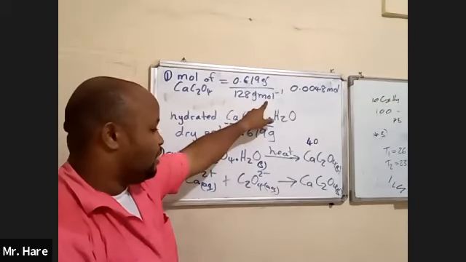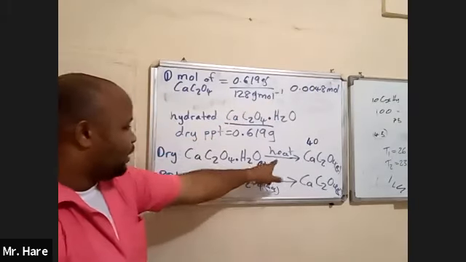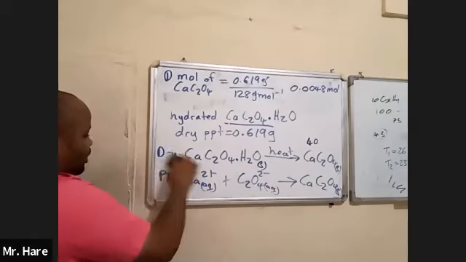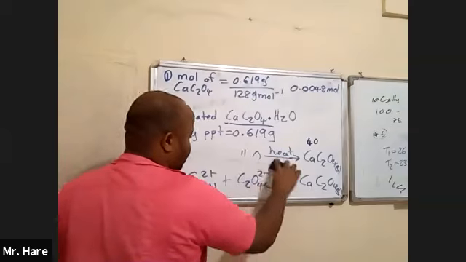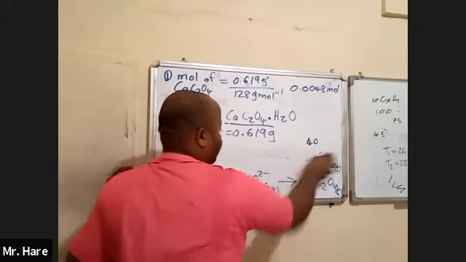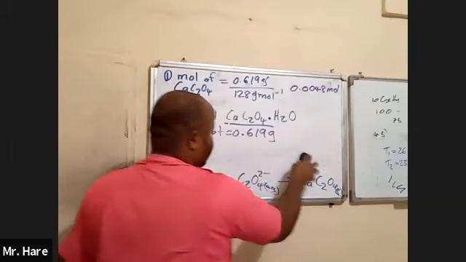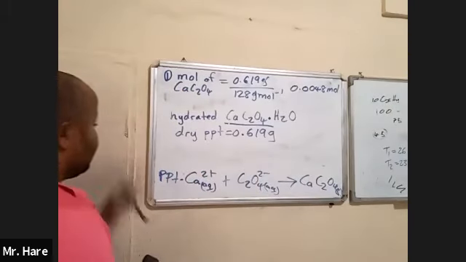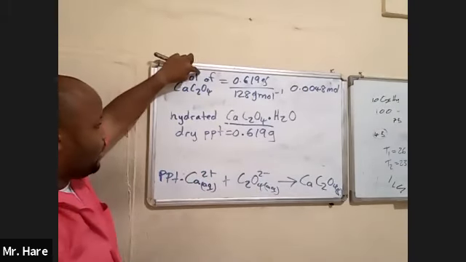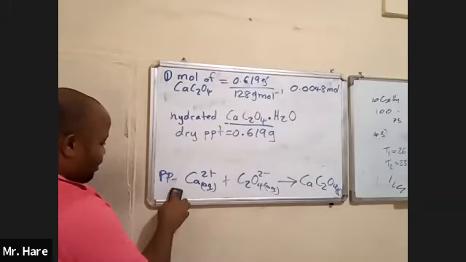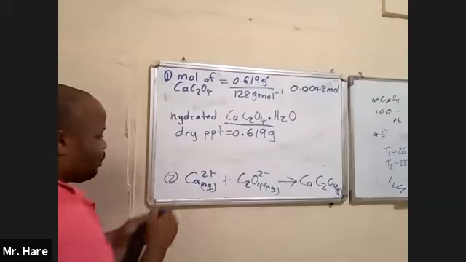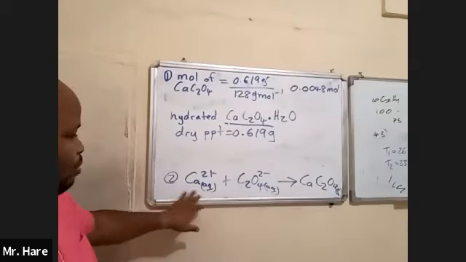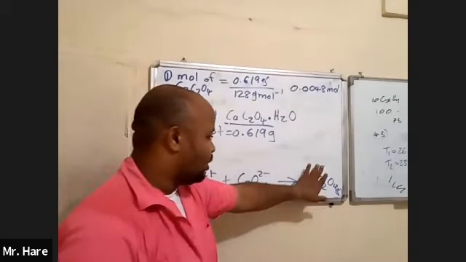So the first thing I did was calculate the moles of the precipitate. We don't need this equation. The equation we are interested in is the precipitation equation. After you calculate the moles of the precipitate, you write the precipitation equation. Calcium combines with oxalate to give calcium oxalate.